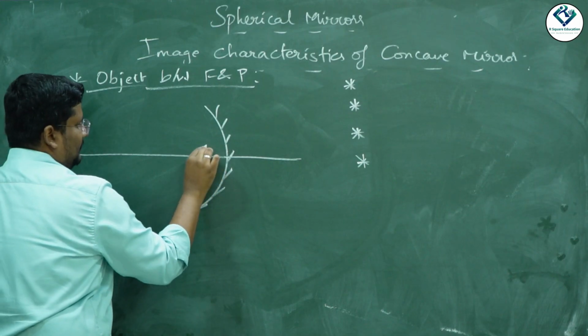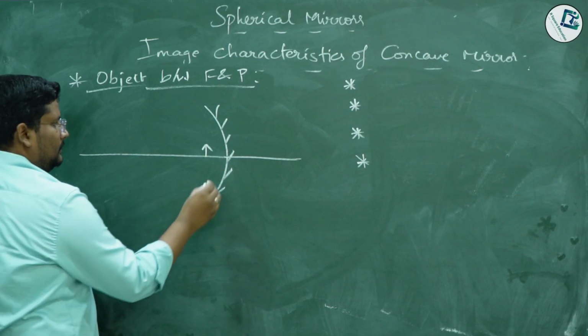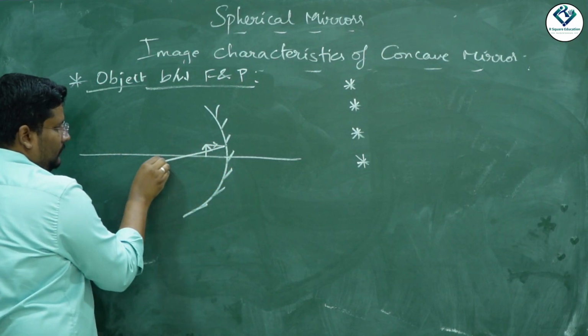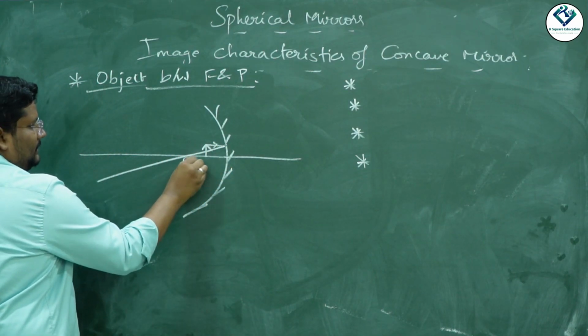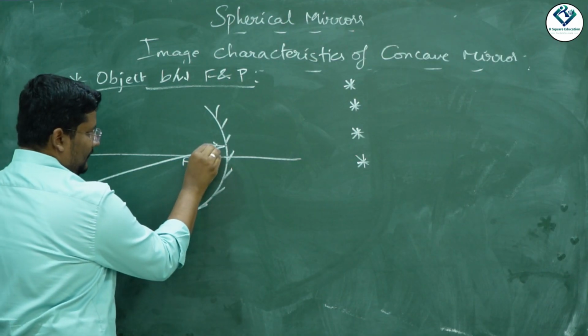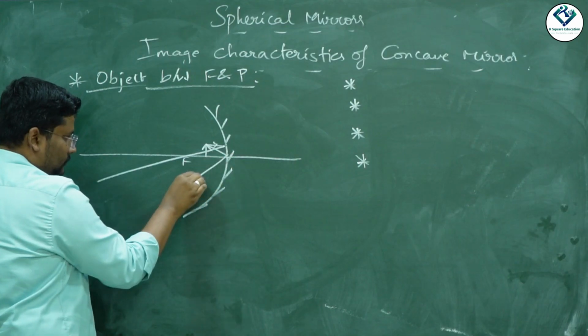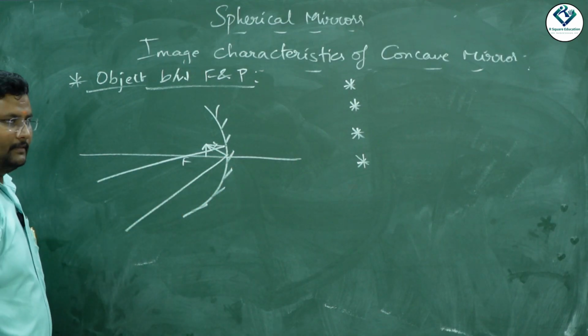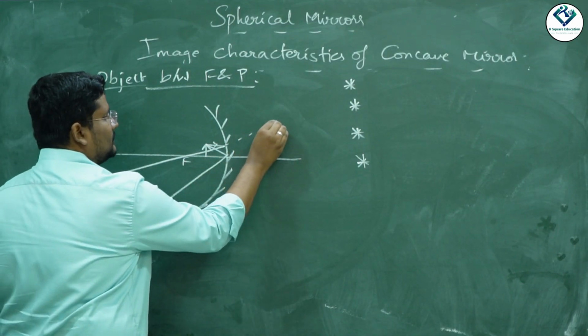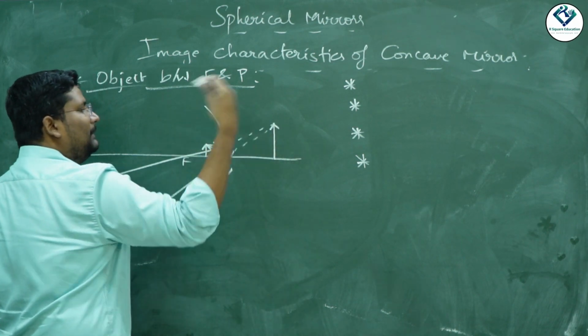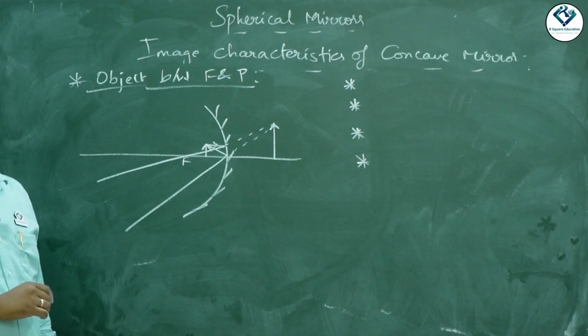So the object will be somewhere here, between the pole and the focus. Let me have a parallel line which is going to cross the focus here like this. Another ray which is going to pass through the pole, and it is going to reflect like this. When you extend these two rays, they are going to meet somewhere behind the mirror.